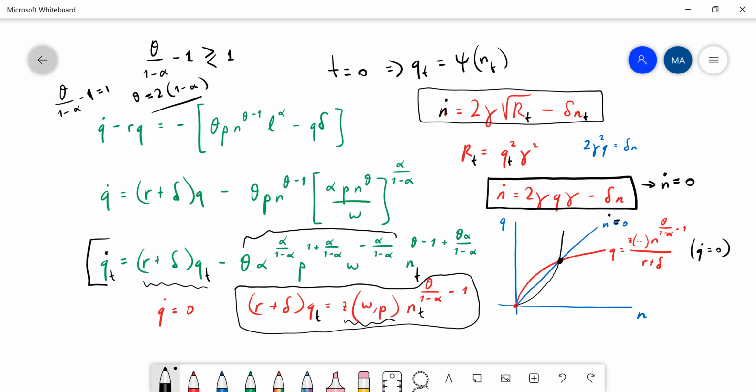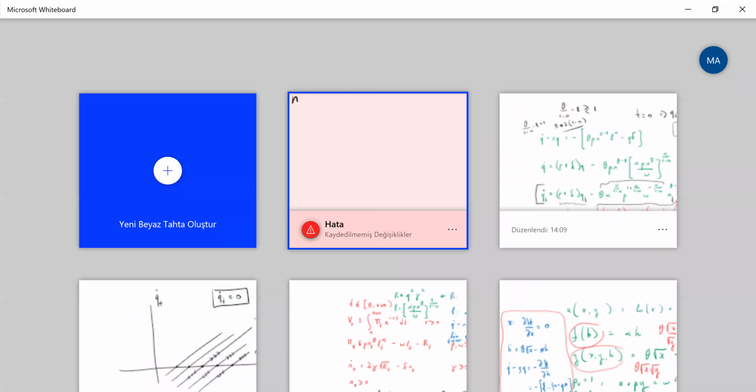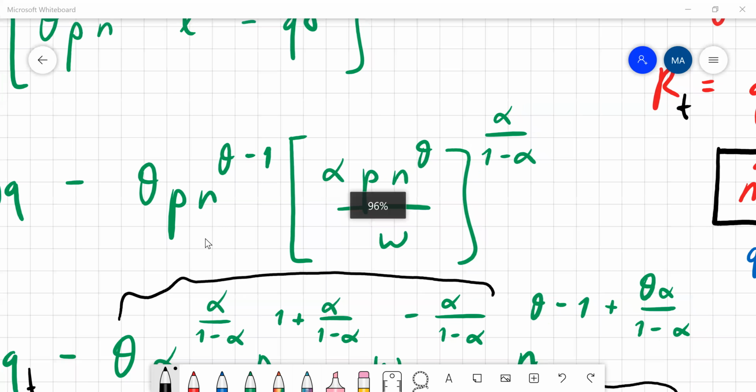So you have N dot equals, what was it? Problems with this whiteboard.